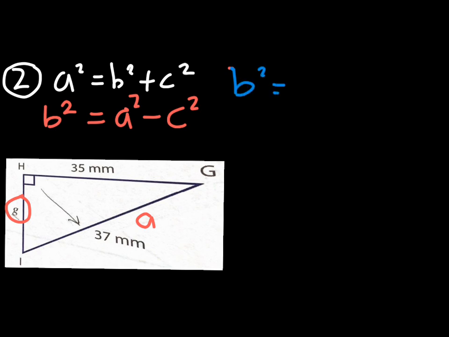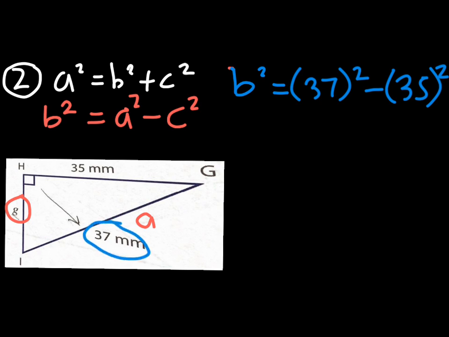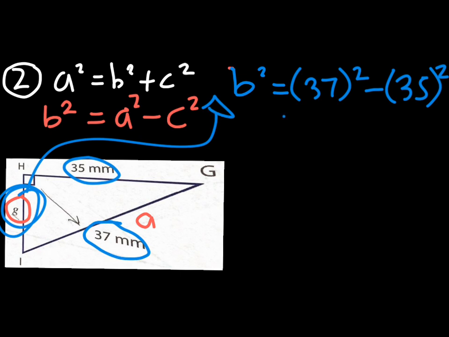So we say b squared equals 37 squared minus 35 squared. Remember, this was the value for A, this was the value for C. We are trying to find B. Alright, and we can see that this equals 144.